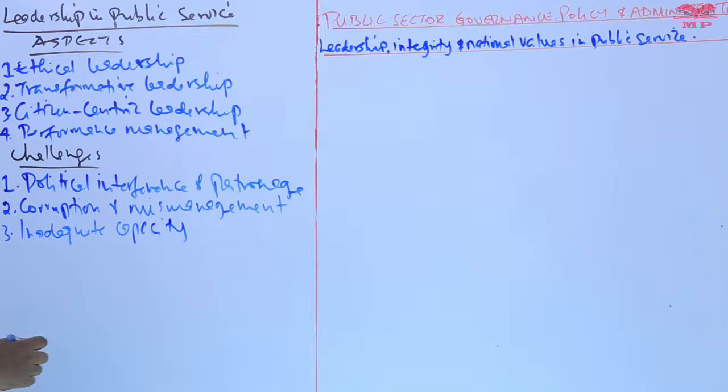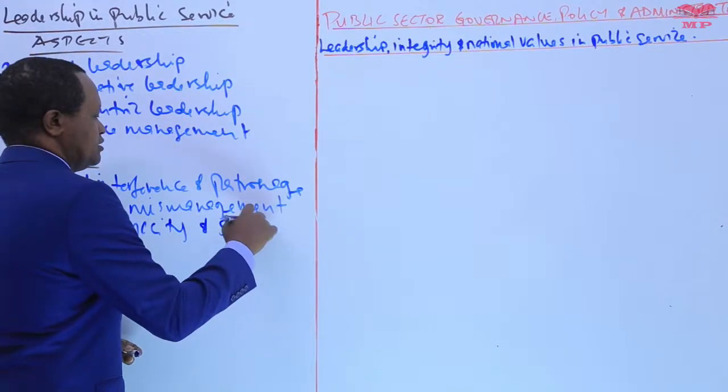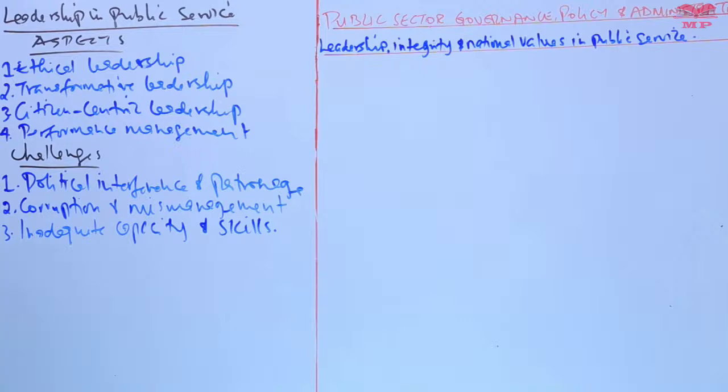There is also the challenge of inadequate capacity and skills. Many public service leaders lack the necessary skills and knowledge to effectively manage complex issues and deliver services in a rapidly changing environment. And that is exacerbated by limited investment in training and development programs.